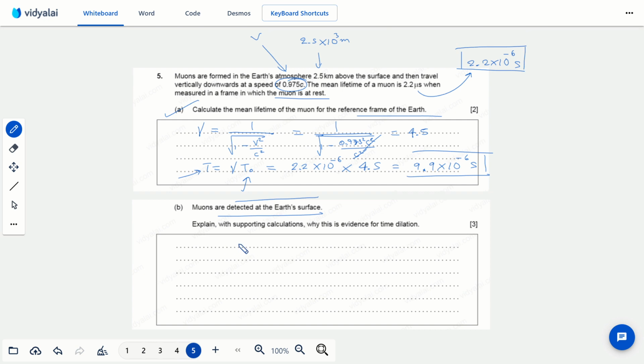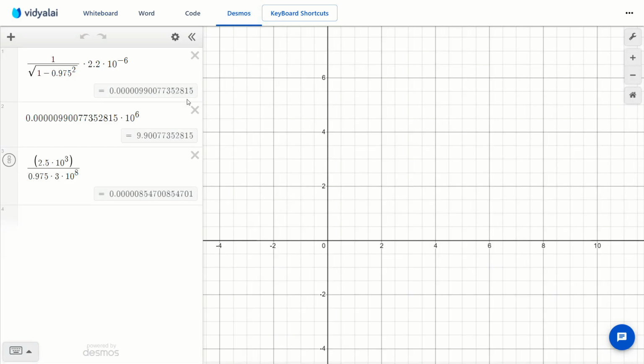In order for us to do that, we divide the distance 2.5 kilometers, which I have converted into meters, by its velocity, which is 0.975 times 3 times 10 raised to 8. And I have done the calculations for that as well. So here we go.